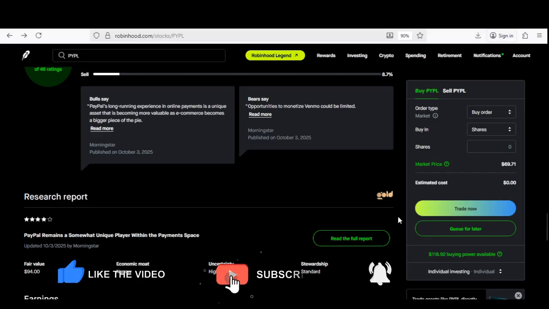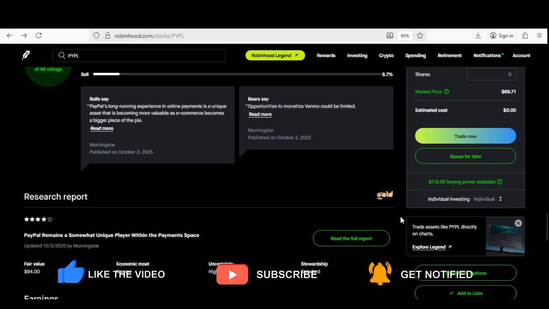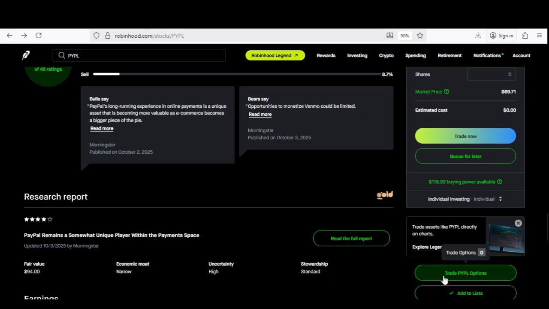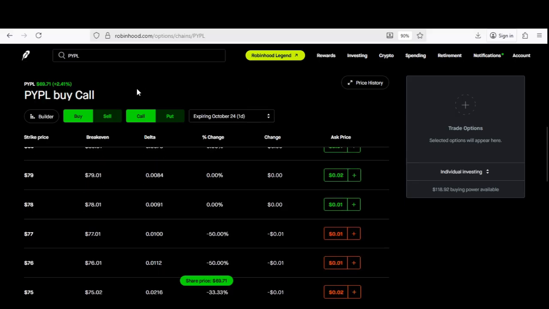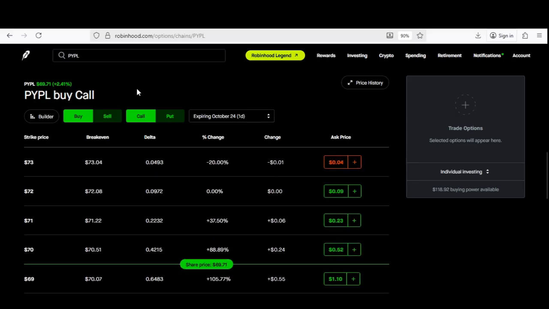Now let's get into what we are all here for, which is going to be the options. To do that, we're going to go to trade PayPal options at the bottom. The first strategy I'm going to be doing with PayPal is what's known as DCA, which is dollar cost averaging. With the DCA model, all you do is buy PayPal at regular intervals with the exact same amount.